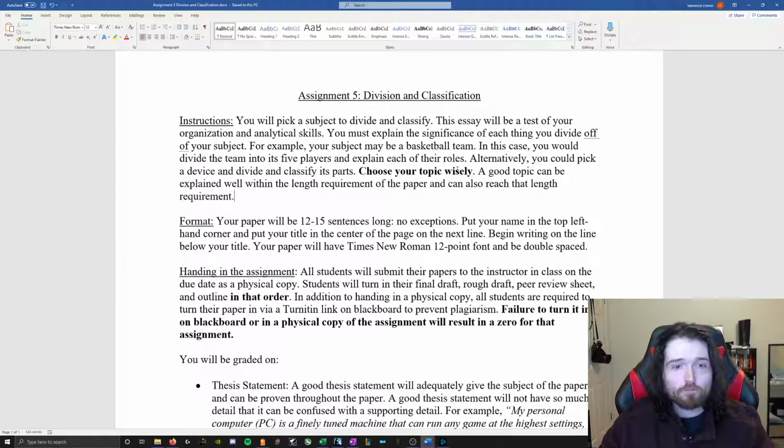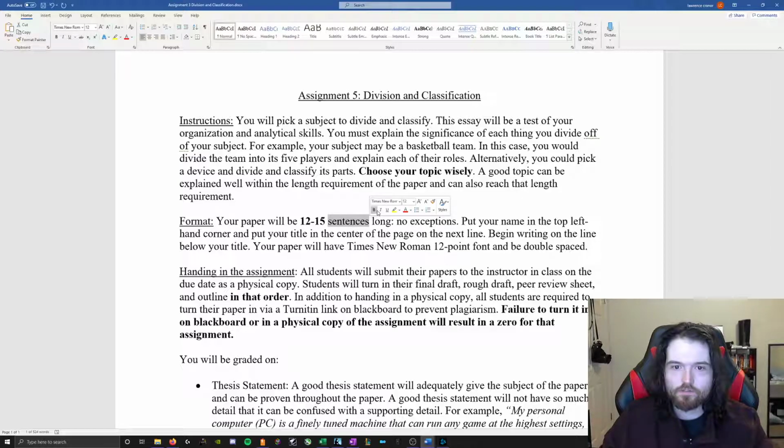Alternatively, you could pick a device and divide and classify its parts. Choose your topic wisely. Okay? Do not try to do a semi-truck and break it down into all of its 40,000 pieces and explain the relevance of each part. Obviously, I'm exaggerating here, but you need to make sure that this fits into 12 to 15 sentences.